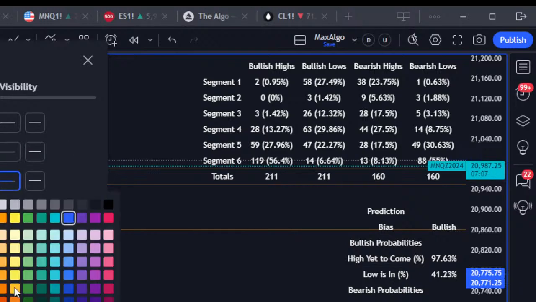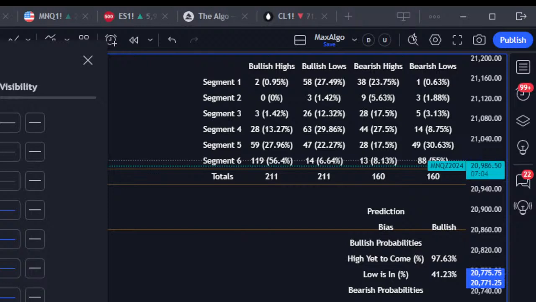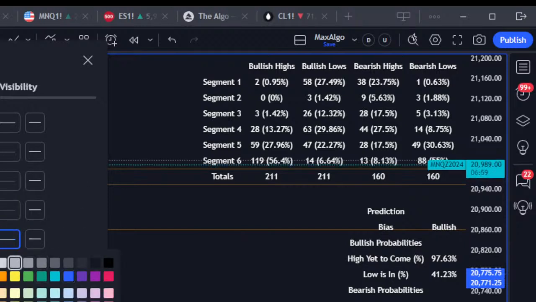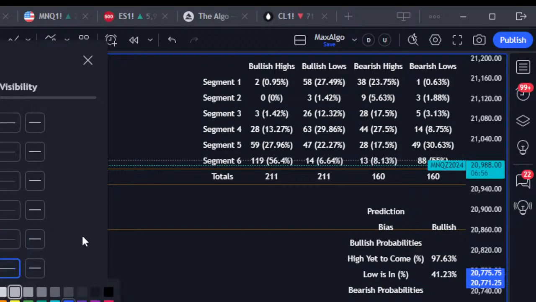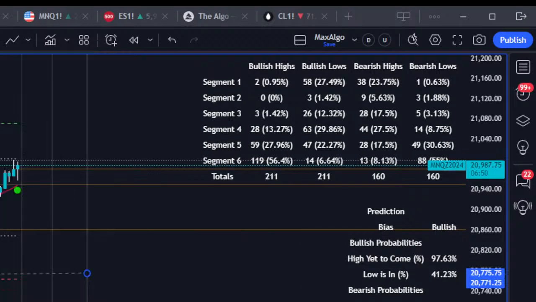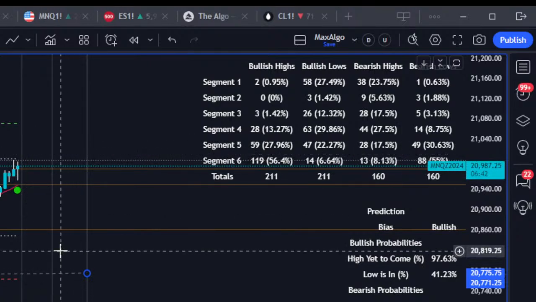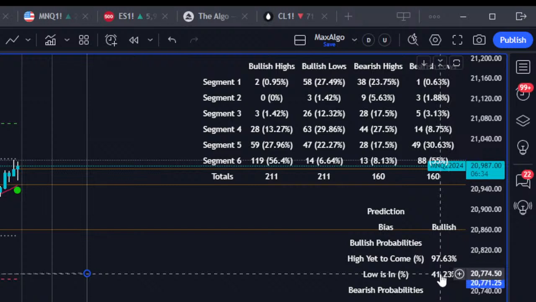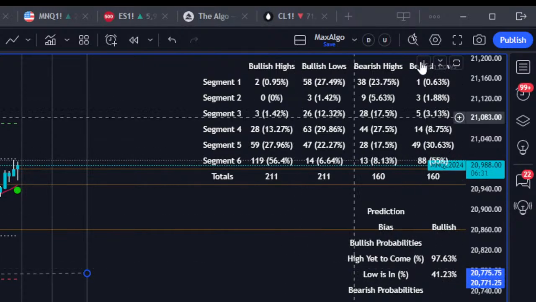Let's just make it a little bit. And then we can have a look at where the segments are on the daily, roughly. So we're coming into the last two segments of the day. We've only got a 41% probability that this is our low. Let me just adjust this so you can see it.